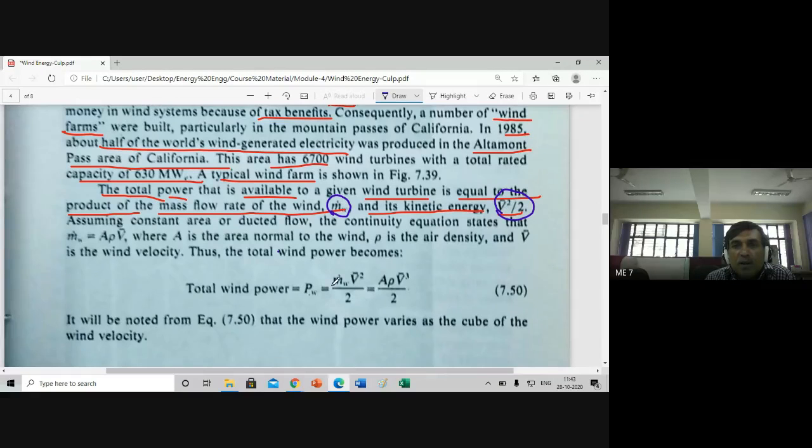So power is equal to m dot into V square by 2. That is the total wind power.